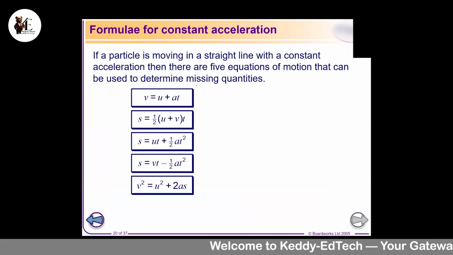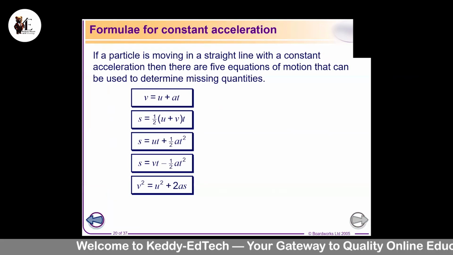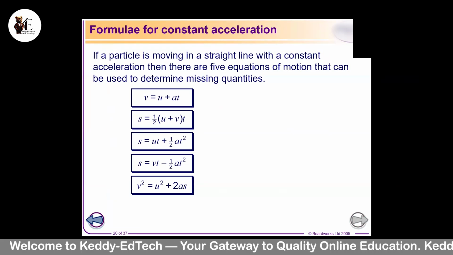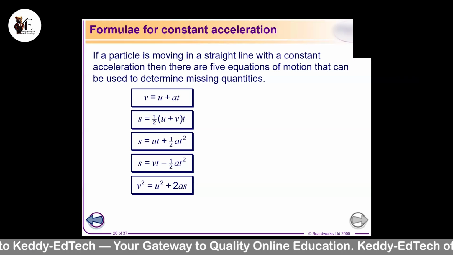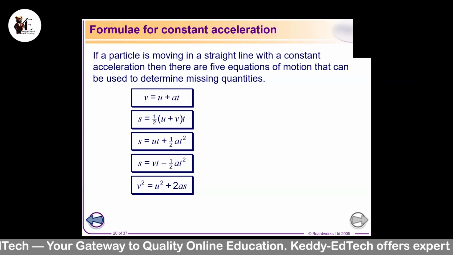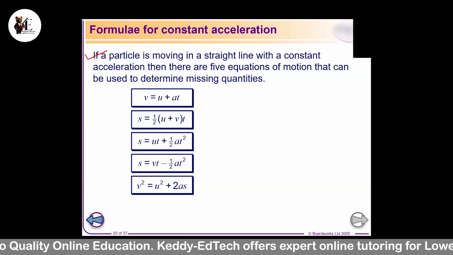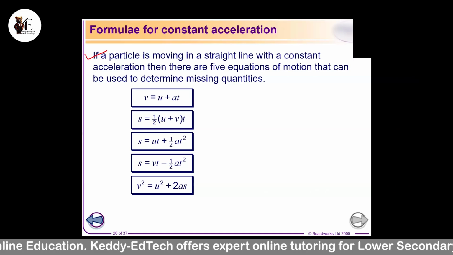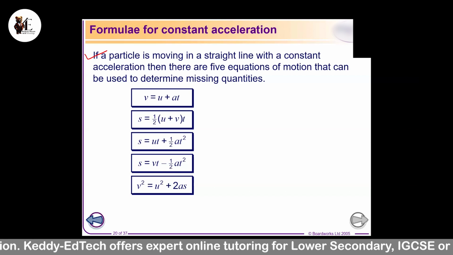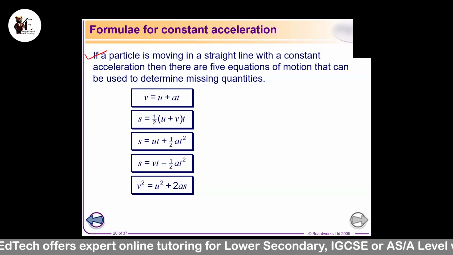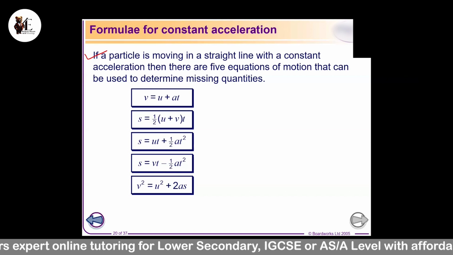Ma'am, have we covered this? I don't think we have. Okay, let's brush up and quickly move. If a particle is moving in a straight line with a constant acceleration, there are 5 equations of motion, basically for uniform motion.